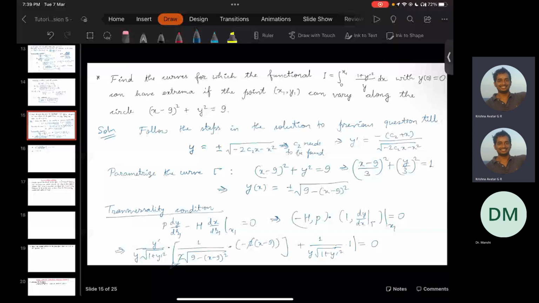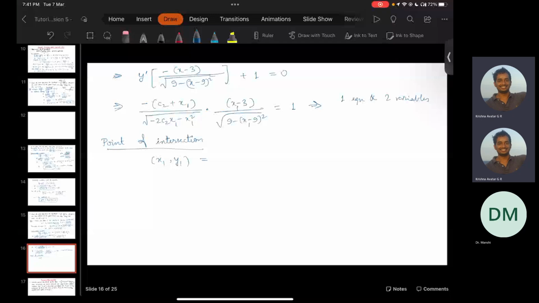For this, we'll have x1, comma y1, equal to x gamma, y gamma at x1, right? And so x1 is there, and y1 was for the curve case.